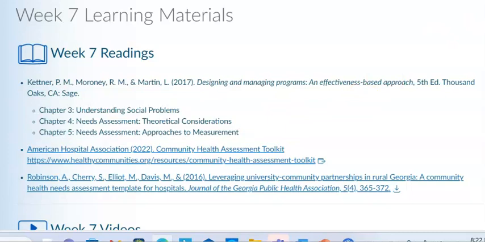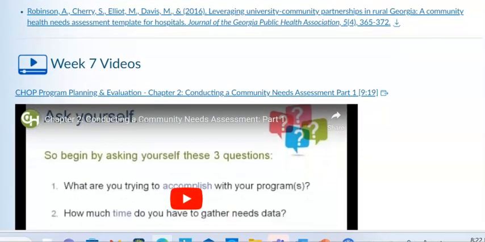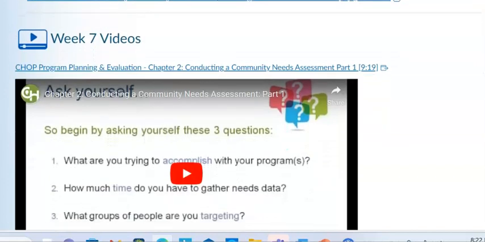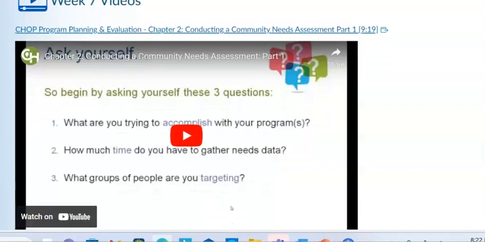There are 2 additional outside readings from the text and 2 videos from the Children's Hospital of Philadelphia, and they both describe the process of assessing community needs.